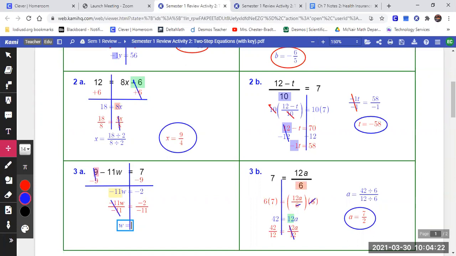On the right-hand side, the negative 2 and the negative 11 both have what? That we can cancel out.